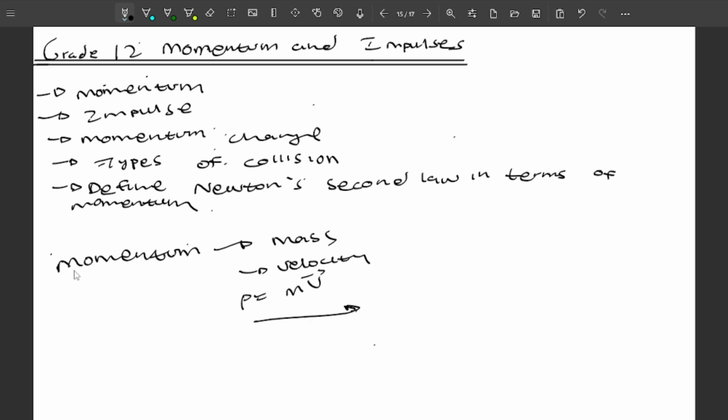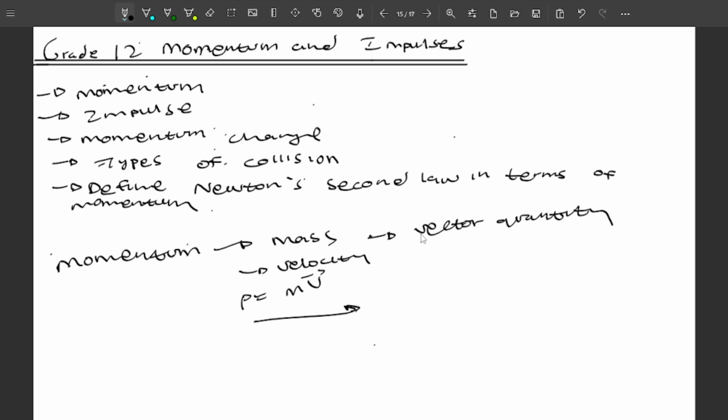This is the formula that can be used to calculate the momentum of an object, and there's one important thing that we have to note. Momentum is a vector quantity. Let me write it here. Momentum itself is a vector quantity. One may ask, why is it a vector quantity?